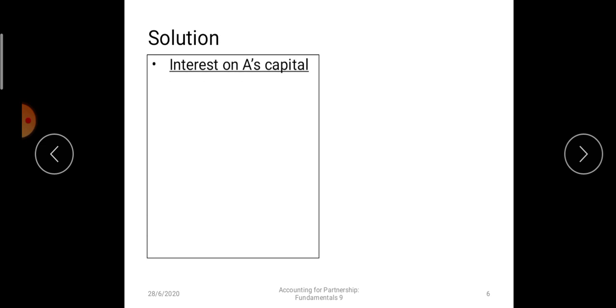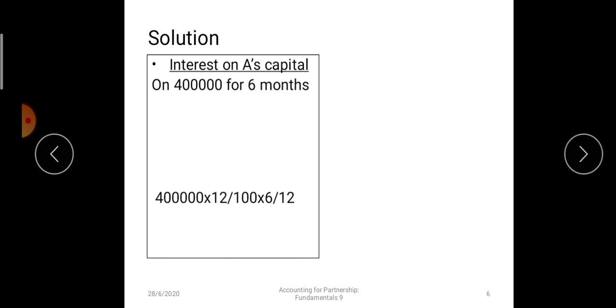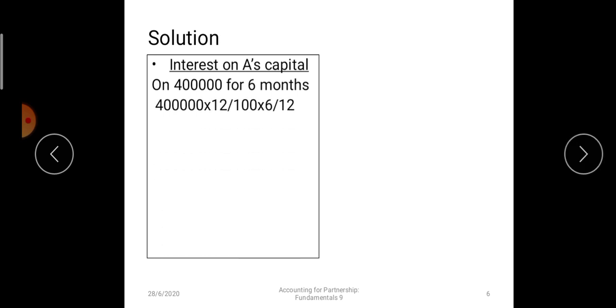Let's first calculate interest on A's capital. For the first 6 months, it was 4 lakh rupees. So on 4 lakh at the rate of 12% for 6 months, it's 24,000 rupees. 4 lakh multiplied by 12 by 100 into 6 by 12 for 6 months. So 12 is cancelled by 12, then we cut these two zeros, so 4,000 into 6, it's 24,000.